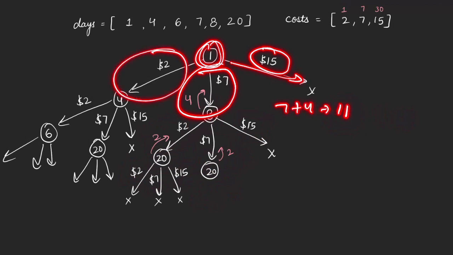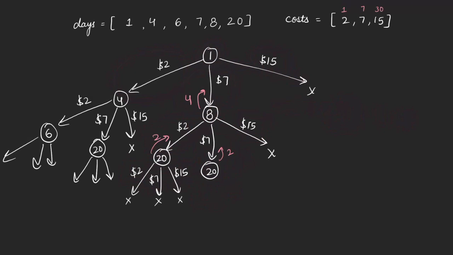And here also something will be returned, right? So from left something will be returned, from the middle it is getting 11, and then 15, right? So this will be, I think, less than or equal to 11 only. But out of all these three, when you draw the entire tree, you will get that the minimum cost that you will get is 11. So 11 is the minimum dollars that you require, right?